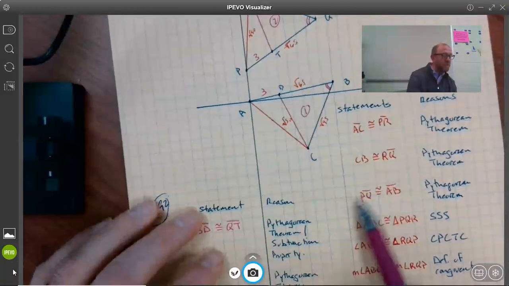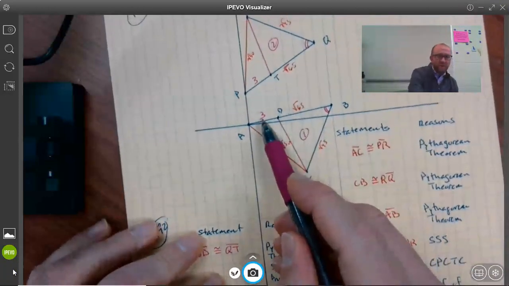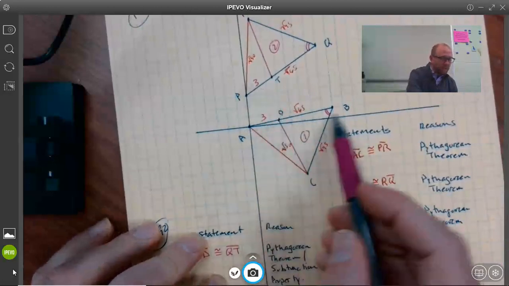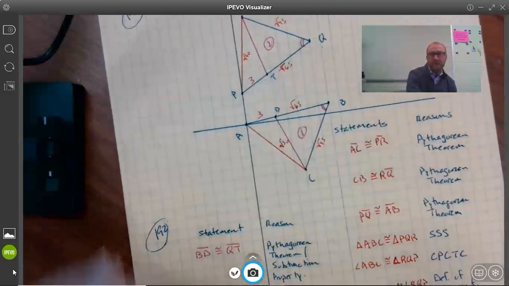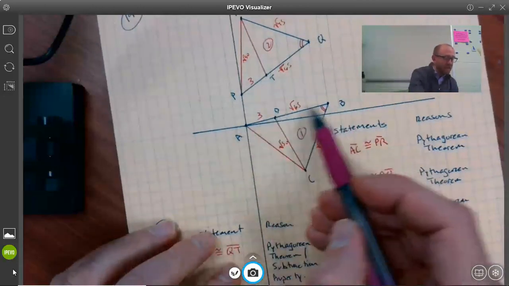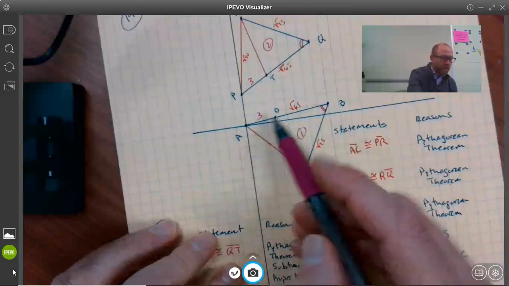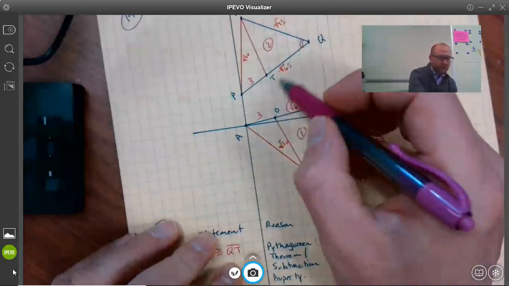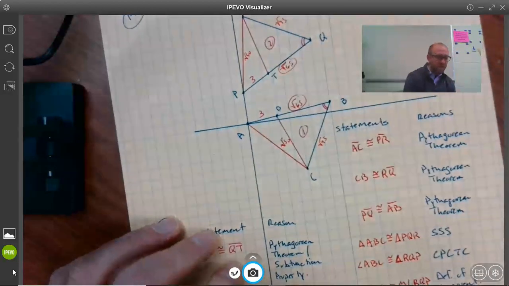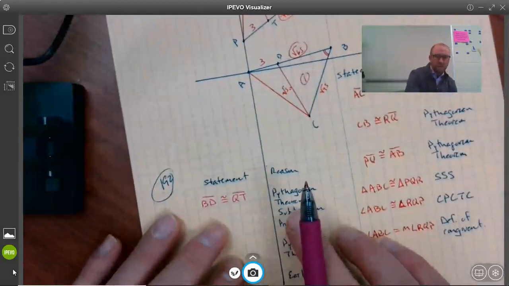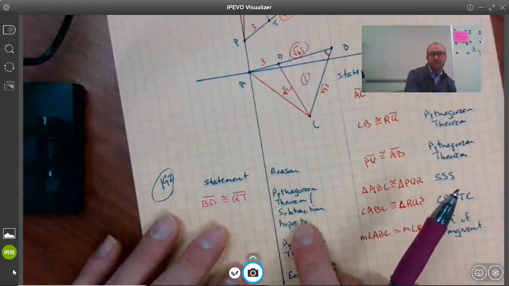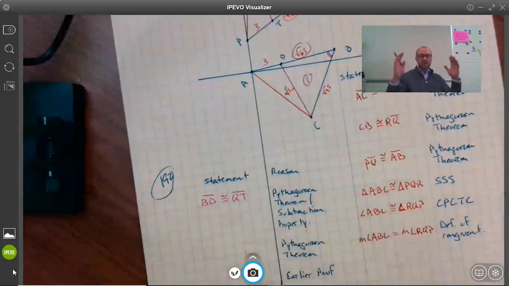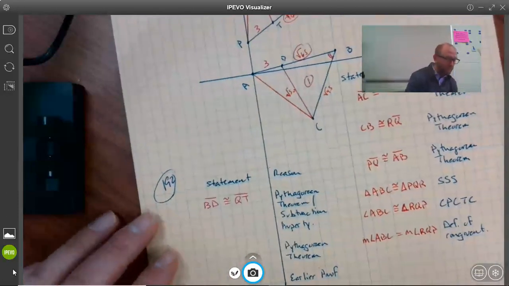Maybe it's doing too much, because if we know that that's 3 units, and we knew that AB was originally the same length as PQ, because that was an easy Pythagorean theorem calculation, well, whatever that length is, square root of 65, take away 3, is going to be the same as square root of 65 take away 3 over here. So we can conclude using Pythagorean theorem, and I guess we could call it subtraction property of equality, that start out with equal amounts and subtract equal amounts, whatever you're left with is equal.